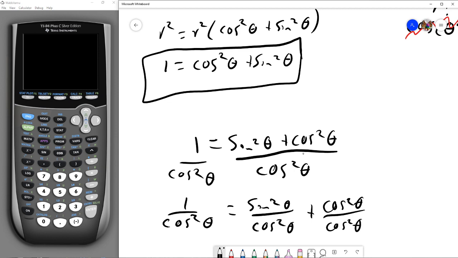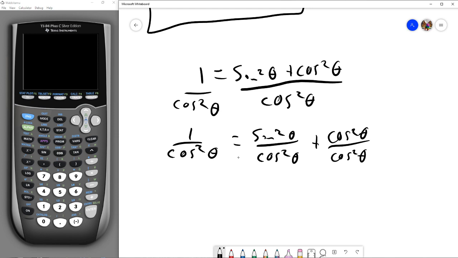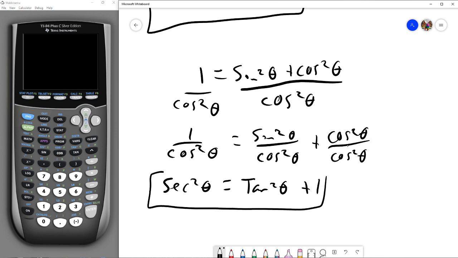So we broke this up. Then notice 1 over cosine squared theta is the same thing as secant squared theta. Sine squared over cosine squared is the same thing as tangent squared theta. And cosine divided by cosine is just 1. So that means tangent squared theta plus 1 will equal secant squared theta. And that's our second Pythagorean identity.